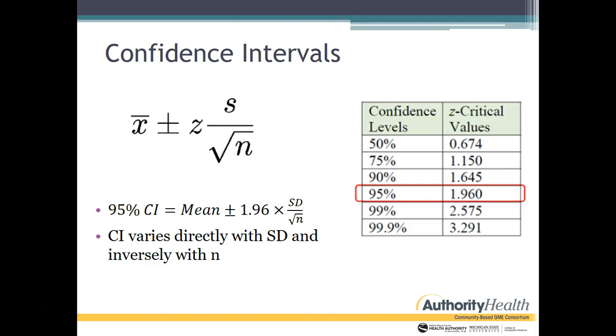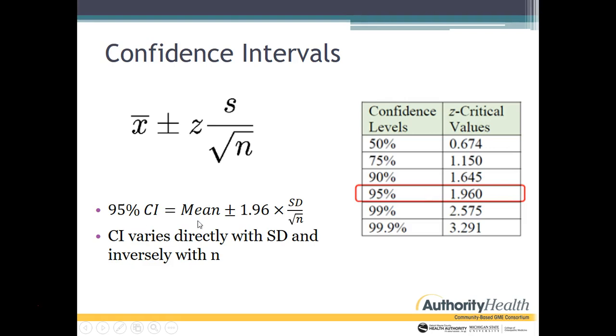So let's talk about this. The formula for confidence interval, as you'll see here, is the mean plus or minus the z-score times the standard deviation divided by the square root of n, your sample number. And so we look at our confidence interval. Remember from what we said before, 95% confidence level is a 1.960 z-score, standard deviations from the mean.